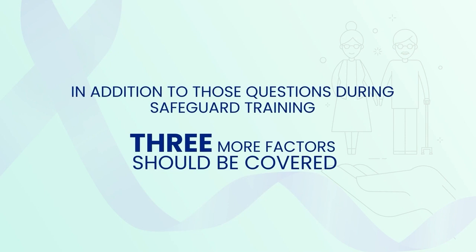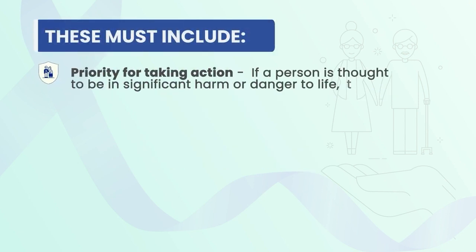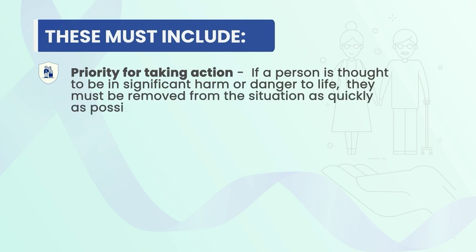In addition to those questions during safeguarding training, three more factors should be covered. These must include priority for taking action. If a person is thought to be in significant harm or danger to life, they must be removed from the situation as quickly as possible.